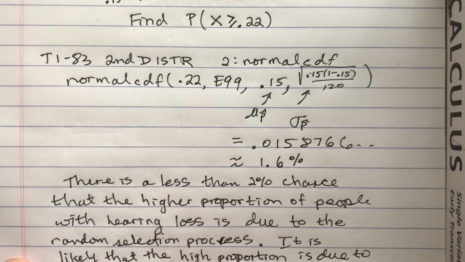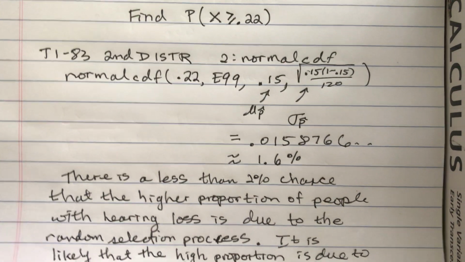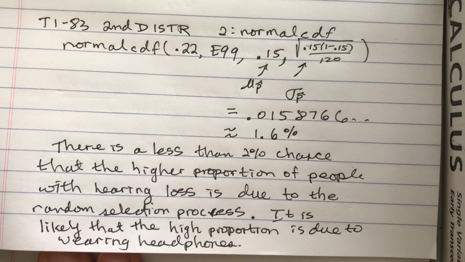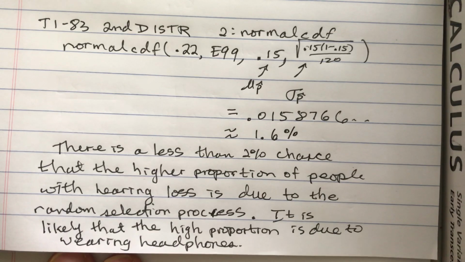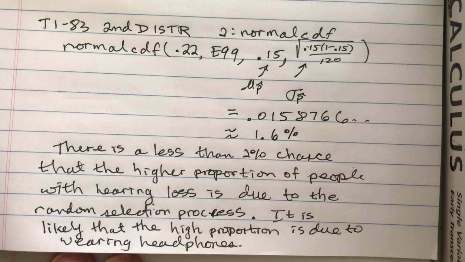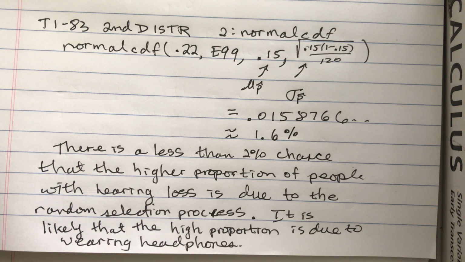Okay, so the thing is what we're saying is, why are we getting this high number? So we're getting 22% of those people have hearing loss, which is way more than the national average. Why is that? Is that because they're wearing headphones? Or is it because we just happen to pick some people that have hearing loss?